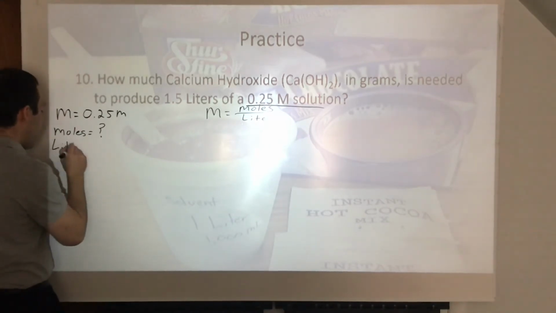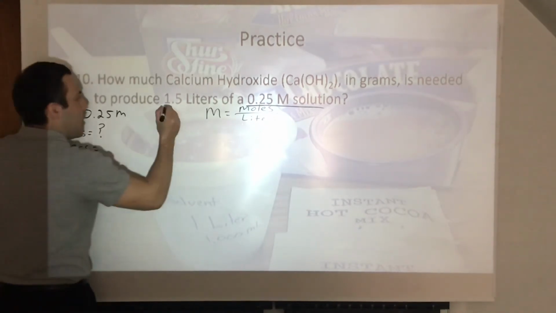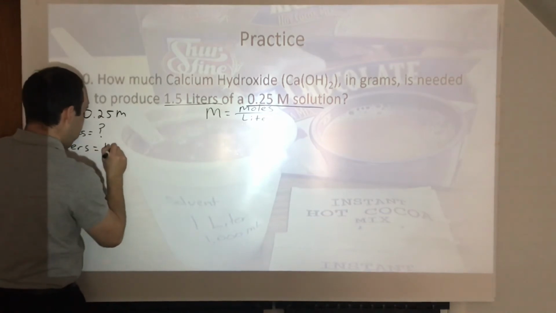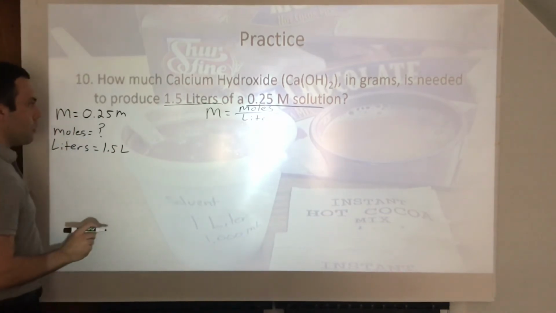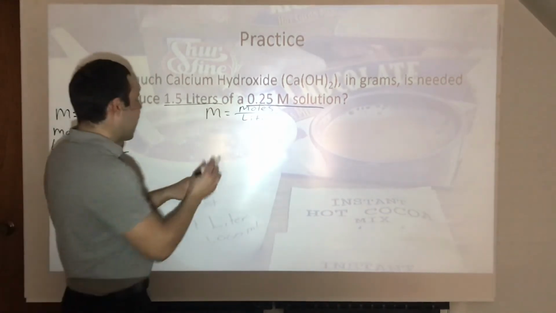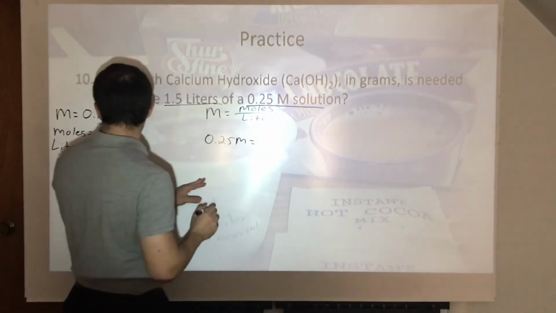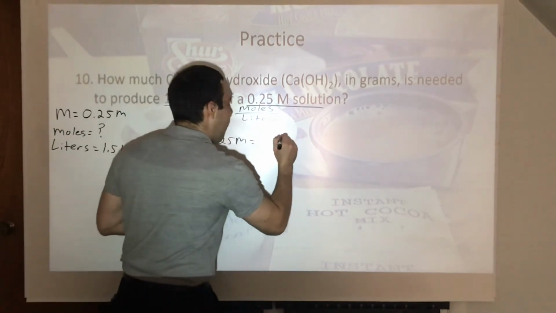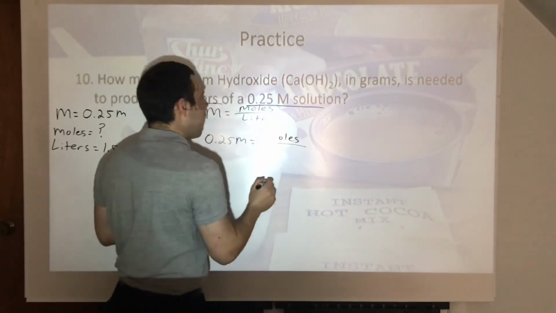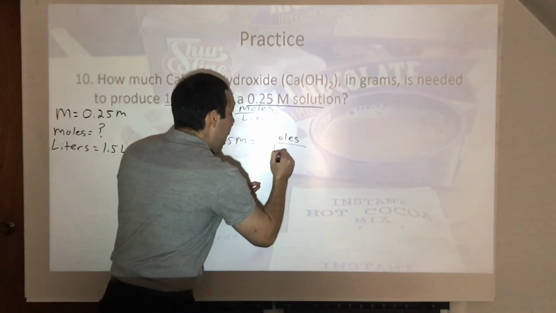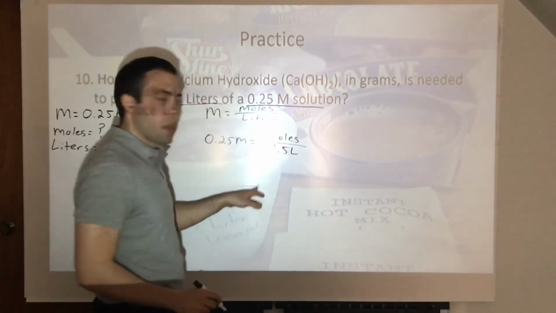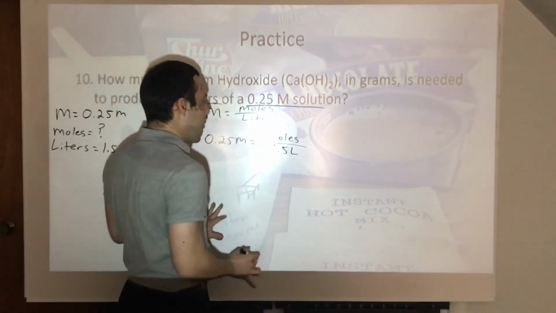And liters, we know is 1.5. We plug in the numbers. 0.25 molar equals moles over 1.5 liters. First, we want to get moles all by itself.